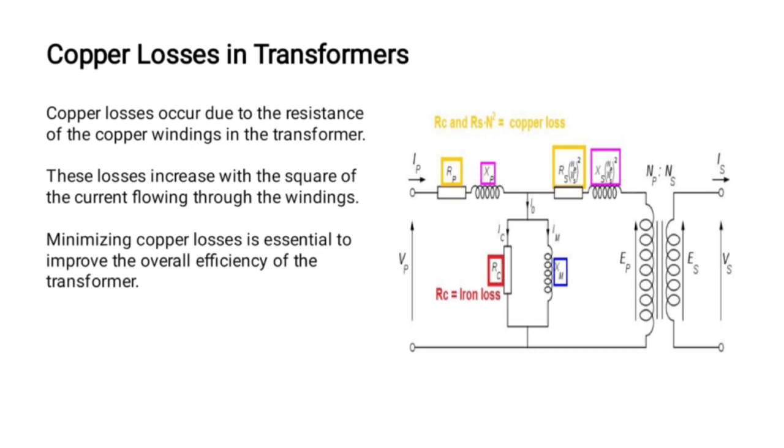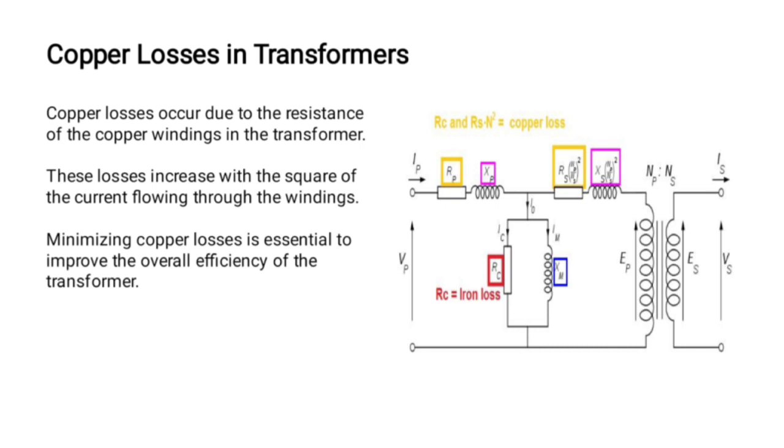Copper losses are an undesirable transfer of energy, as are core losses, which result from induced current in adjacent components. As we know, losses increase with the square of the current flowing through the windings.